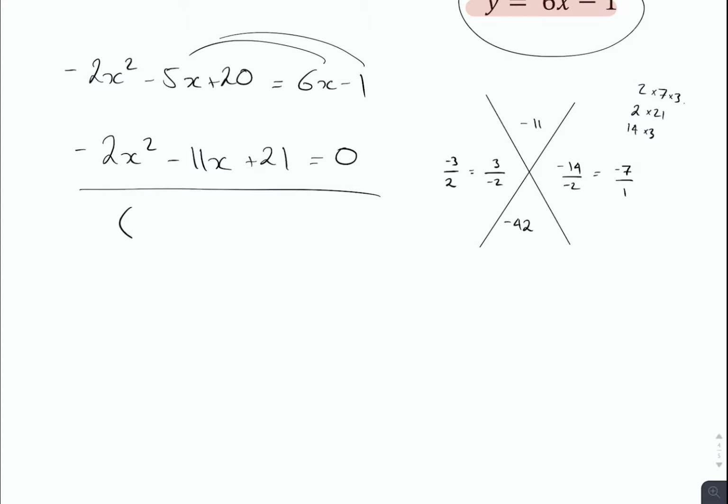So this can be factored as, let's see here, x minus 7 and 2x minus 3, and that equals 0. Let's just see, is that going to work out? -14.